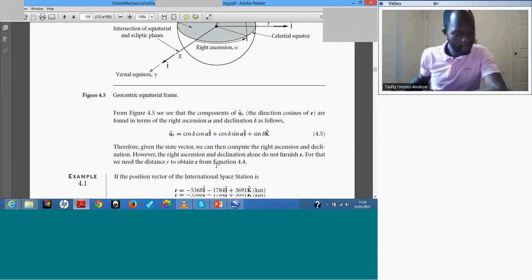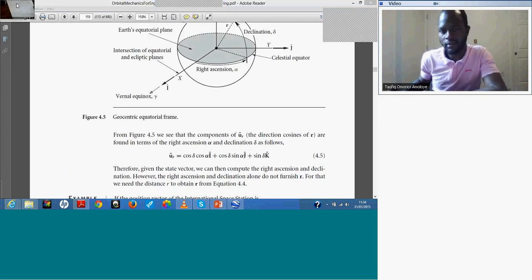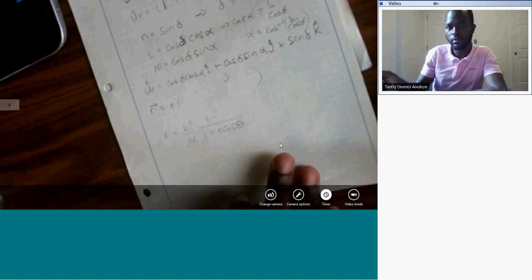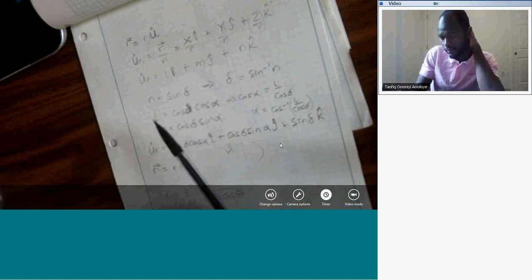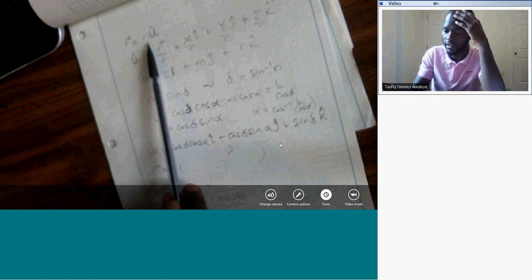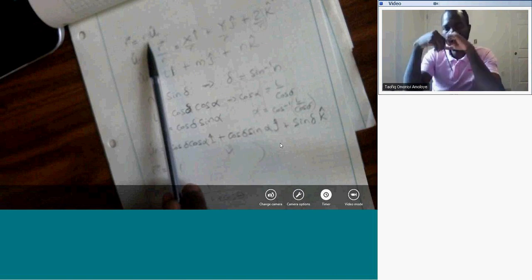So we can make a MATLAB routine to code so that once you input the position of the satellite, it can compute for you the declination and then the right ascension of the satellite, and I will give that as an assignment for you guys.